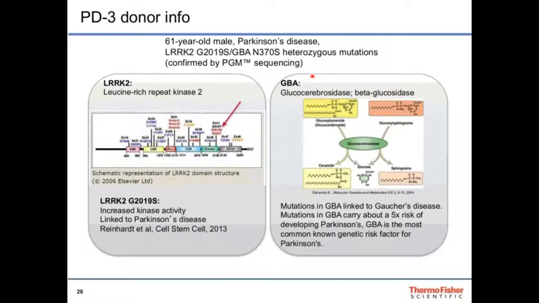And then also there's the GBA mutation that's linked to Gaucher's disease. This N to S mutation is linked to Gaucher's, which also brings along with it a fivefold risk of developing Parkinson's. These are both heterozygous mutations, so they're only mutations on one allele. So we wanted to go in and repair these mutations and to create these disease sets.